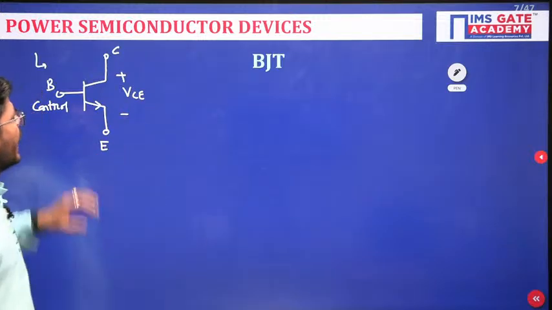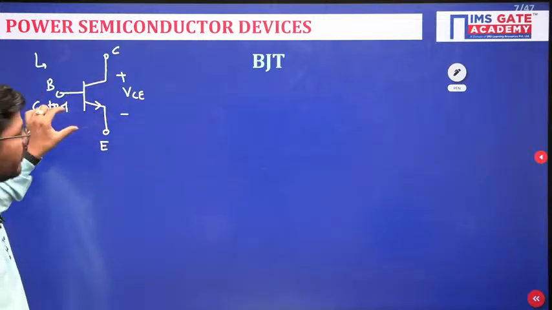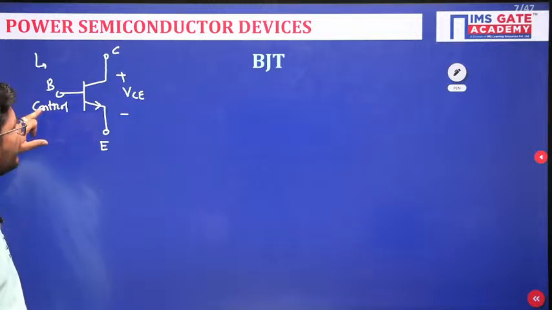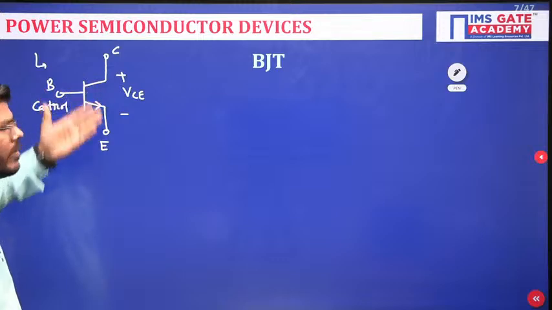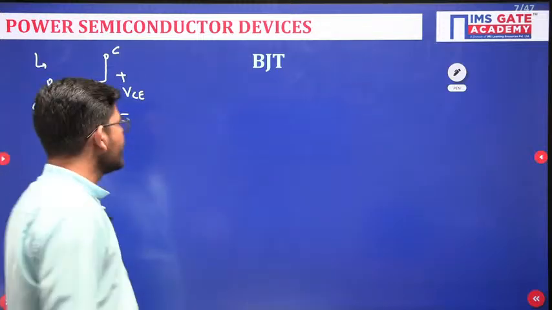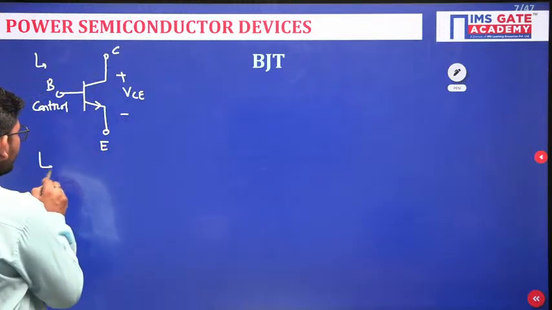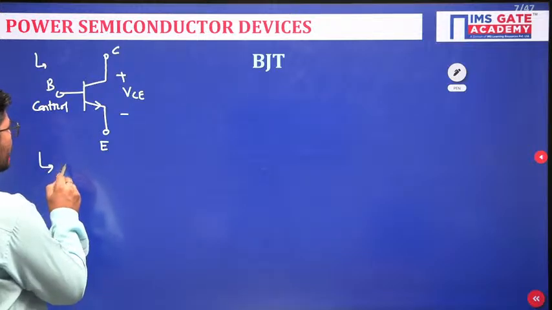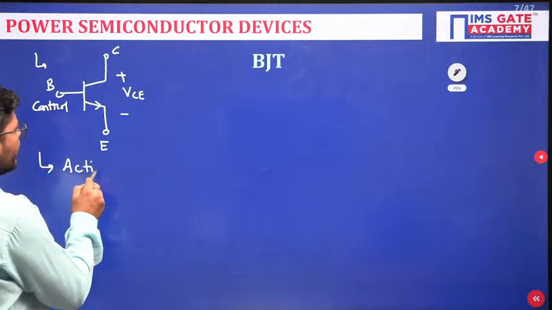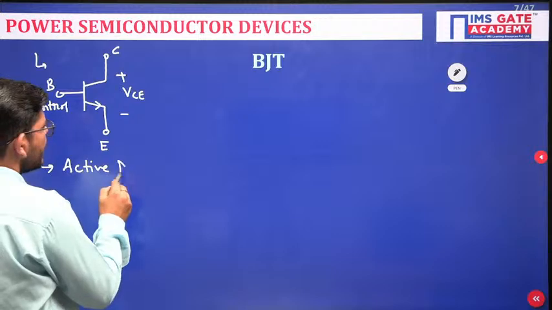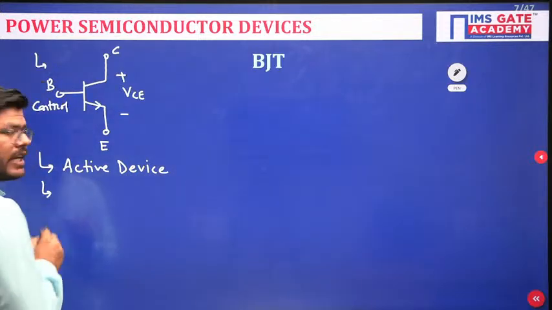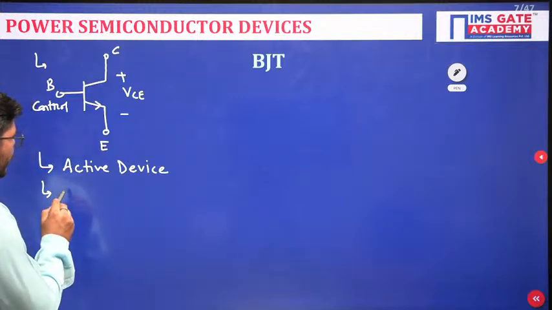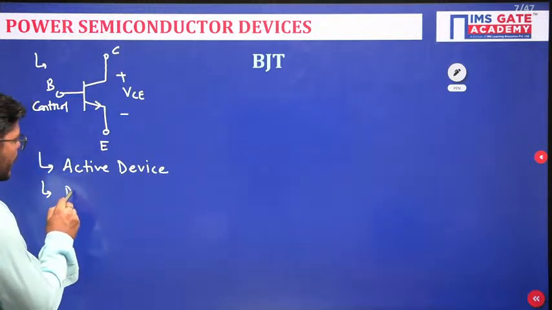The BJT will be turned on only when you apply a base signal, that is, you give base current; until then it will be in the off state. Since we have a control terminal, it is an active device, and both types of charge carriers participate in conduction, so it is a kind of minority carrier device.